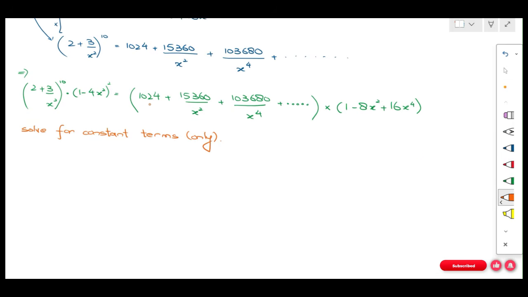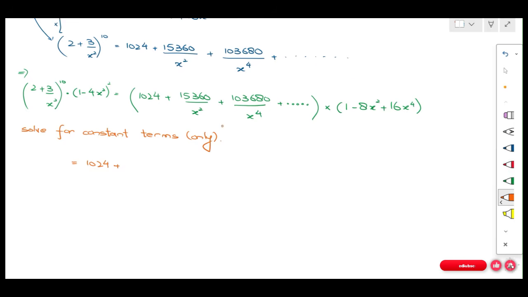Okay, now this term is going to multiply with 1. You have 1024 multiplied by 1. This term multiplying with the x squared term, this term multiplying with this x to the power 4 term, we don't need it. Plus this term multiplying with 1 is a 1 over x squared term. This term is going to multiply with the x squared term.